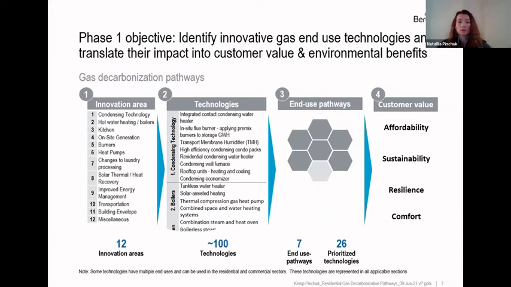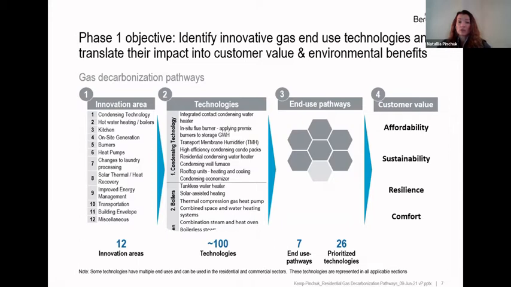And then what you see, this honeycomb, is essentially all the end uses and pathways that this technology can be relevant for. So we identified 7 end uses and prioritized 26 different technologies.